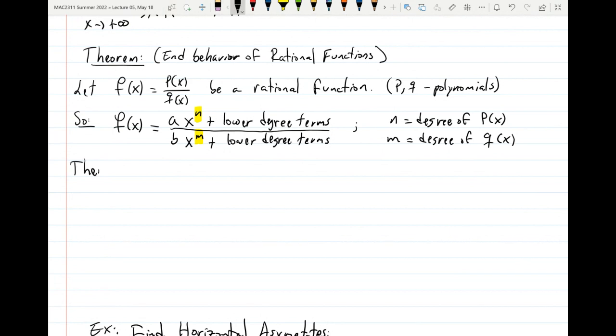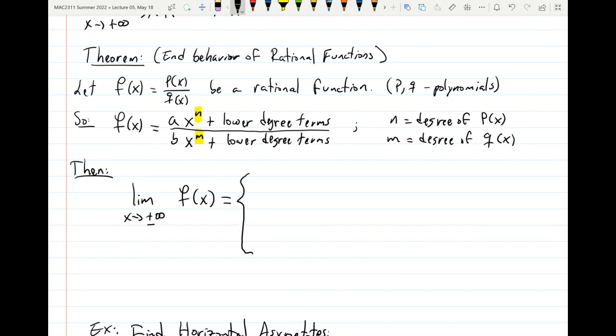So then the statement is the limit as x approaches positive infinity, and I'm going to put a minus here just to indicate that it could be positive or negative infinity. Okay, what I'm saying here applies to both situations. So the limit when x approaches either of these two infinities of the function f, what is this?